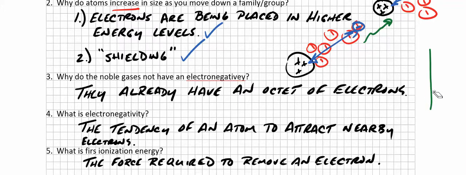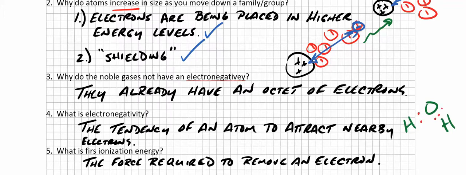So, let's take a look at an example. Let's take one that we're familiar with, and that is water. We know that water is made of hydrogen and oxygen, just like that. And between the hydrogen and the oxygen are electrons or pairs of electrons.